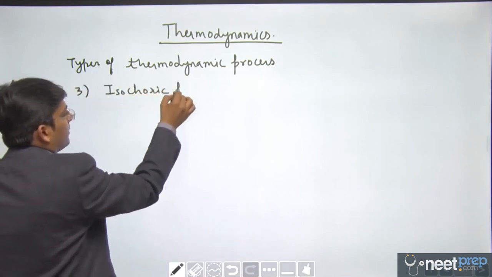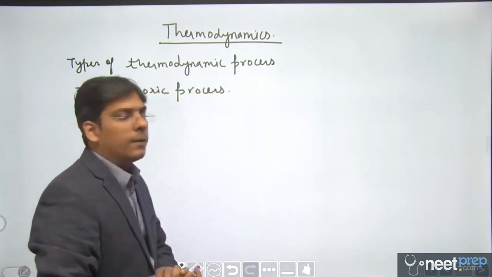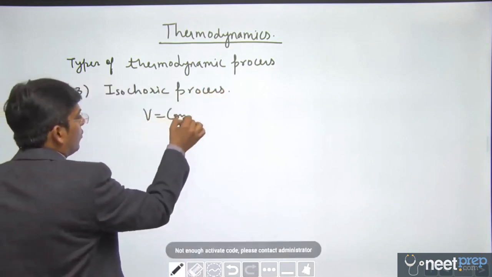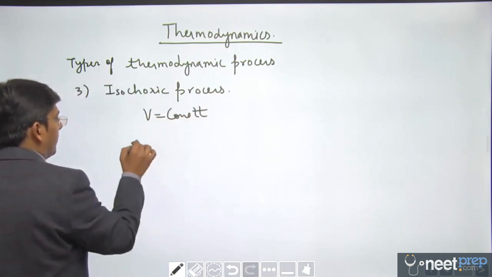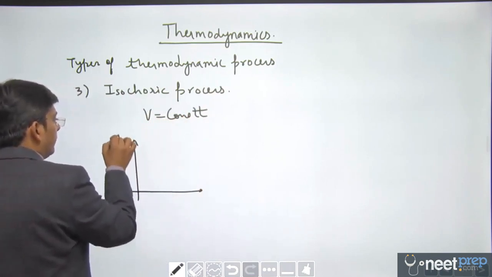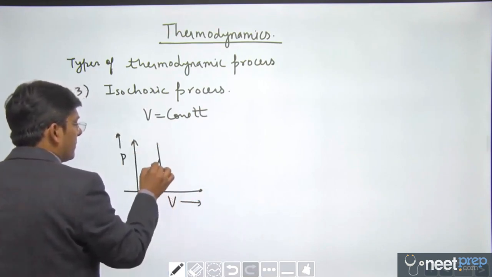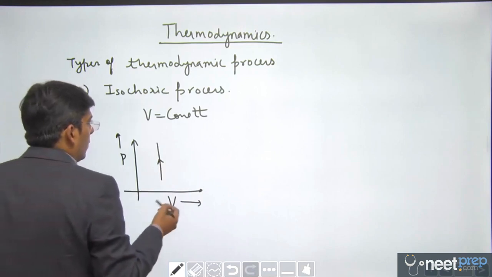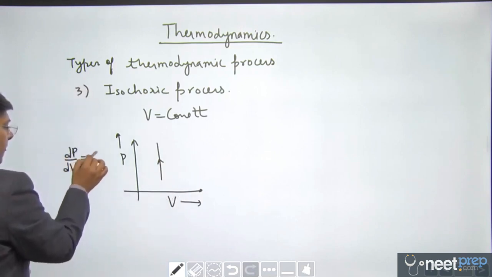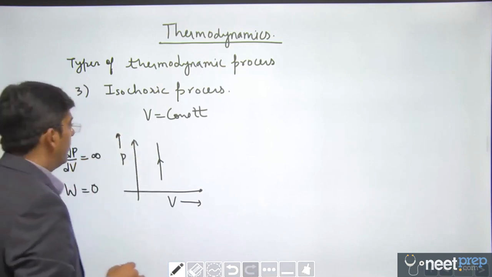For an isochoric process, volume has to be constant, right? So the PV graph is going to be a straight line. Let us consider that pressure is increasing. Obviously dP by dV has to be infinite. There is no area bounded with the volume axis, so work done is 0.